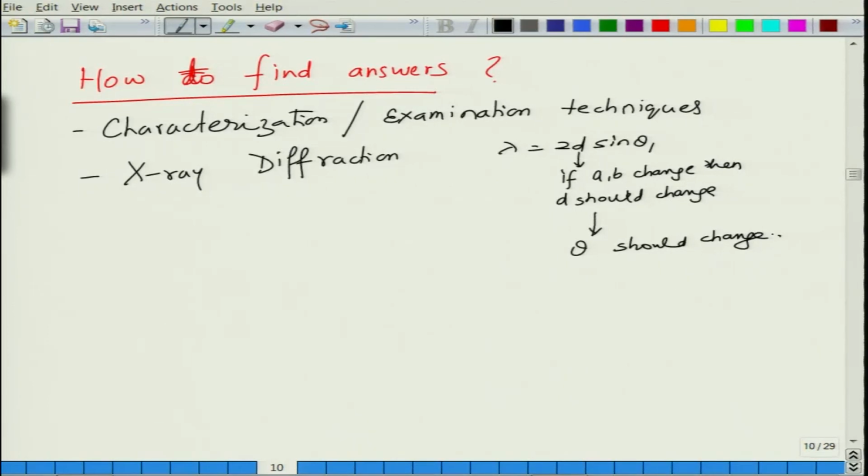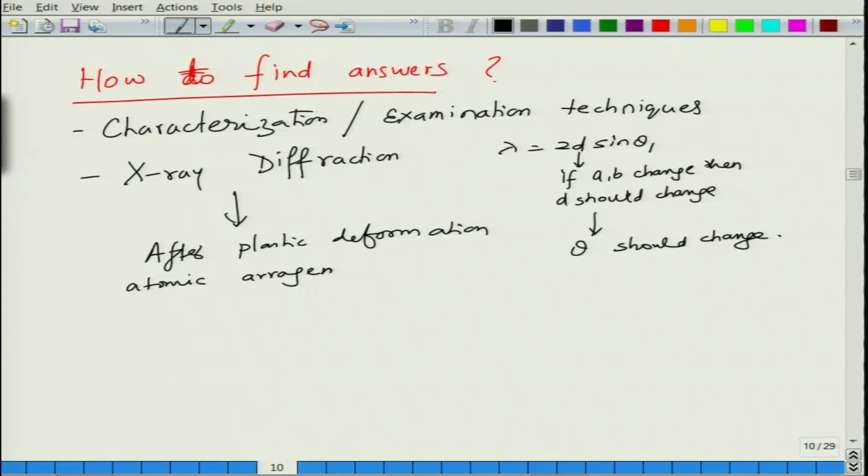So when we do X-ray diffraction, we find that after plastic deformation, the atomic arrangement remains the same.